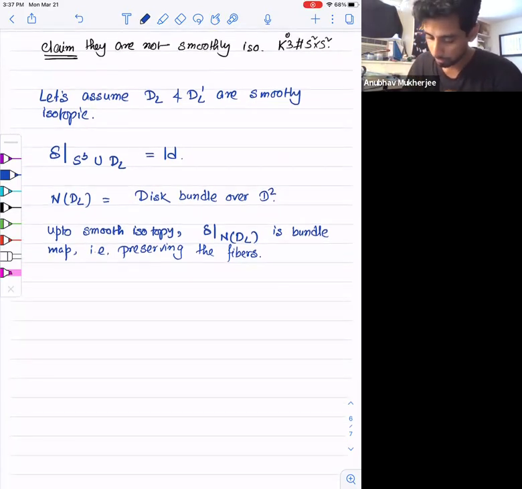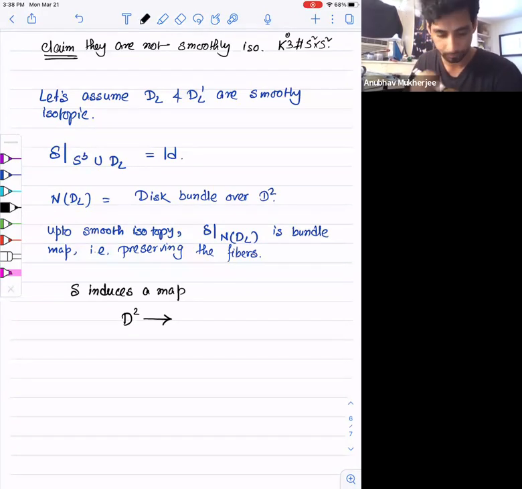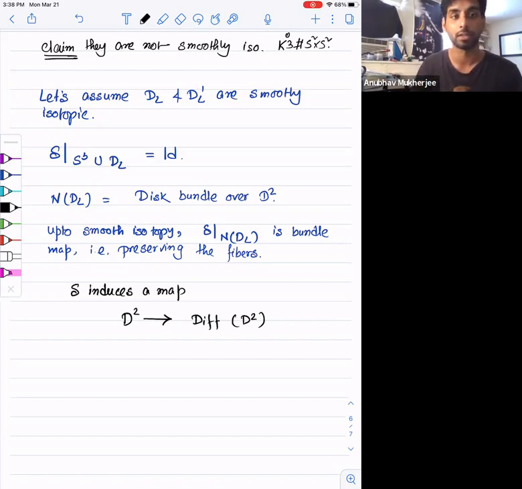So this delta induces a map from D2 to the diffeomorphisms of D2. In particular, everything is respecting the orientation, so I can think of this as Diff plus.